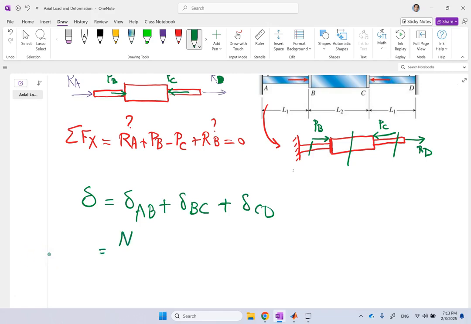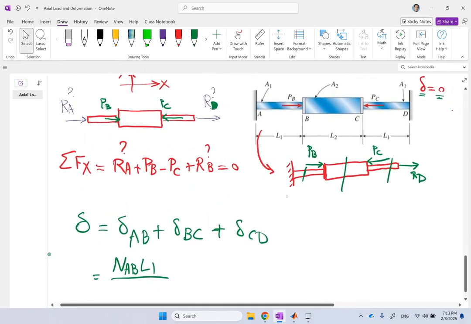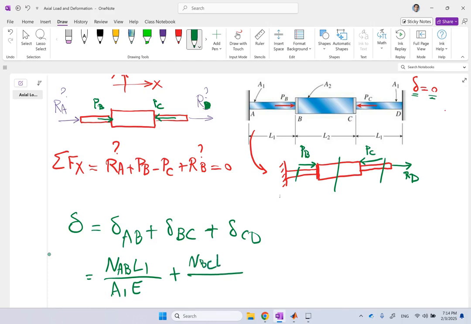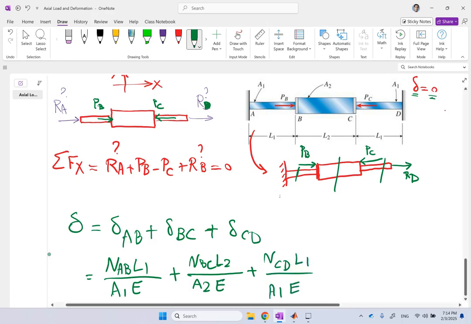It's the normal force in section AB, which we have to find, times the length of member AB, which is L1, divided by cross section of it, which is A1, and this Young modulus is the same for all of them. The same goes for BC. The length of it is L2, the cross section of it is A2 E, and finally N of CD, L1, A1 E. And the sum of that total thing should be equal to what?